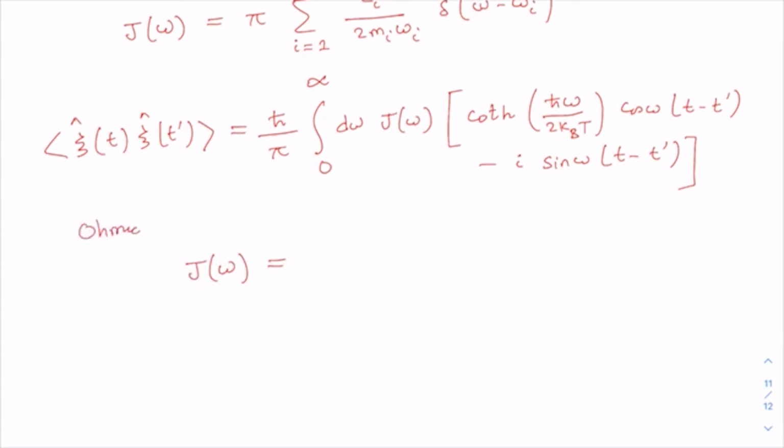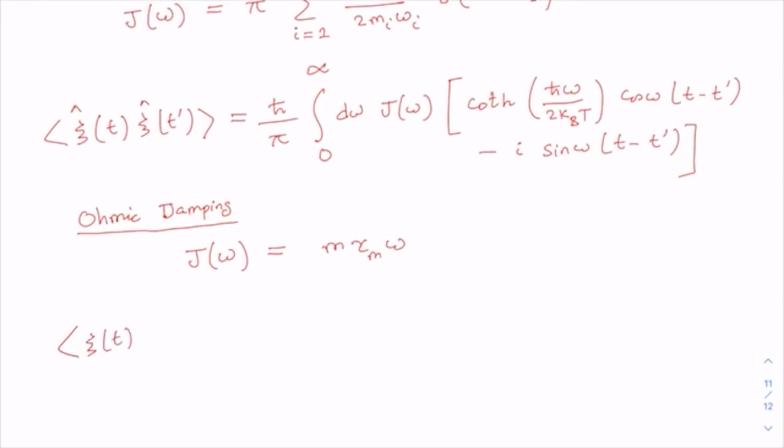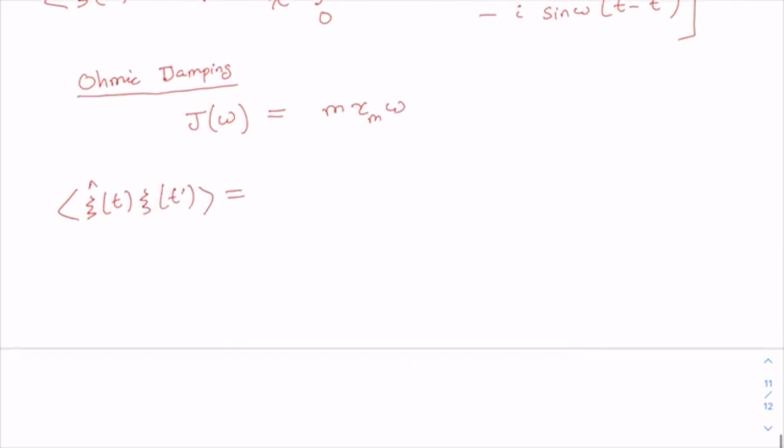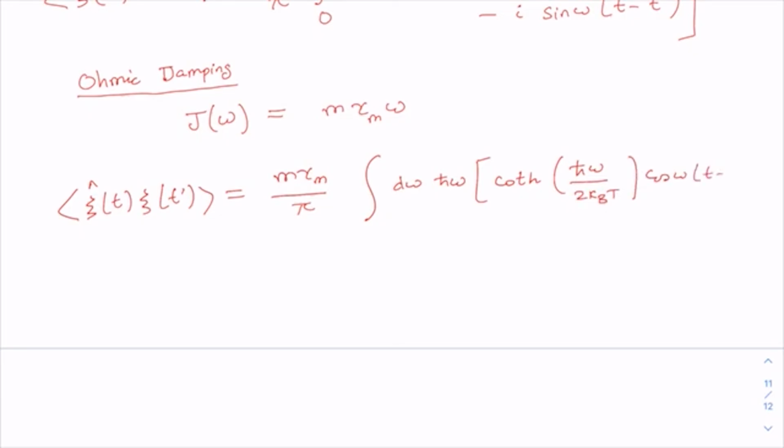For ohmic damping, the spectral density function is given as mass times gamma_m omega, and we obtain the autocorrelation function of xi(t) xi(t') equal to m gamma_m divided by pi, integral d omega h cross omega coth(h cross omega by 2 kBT) times cos omega(t minus t') minus i sin omega(t minus t').